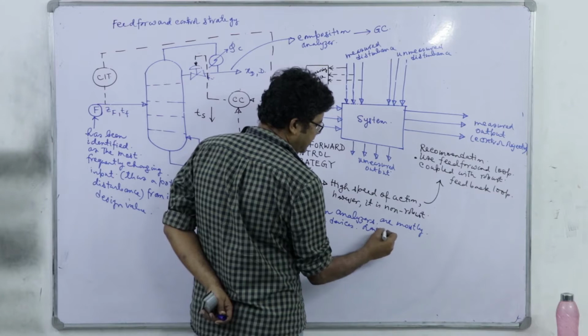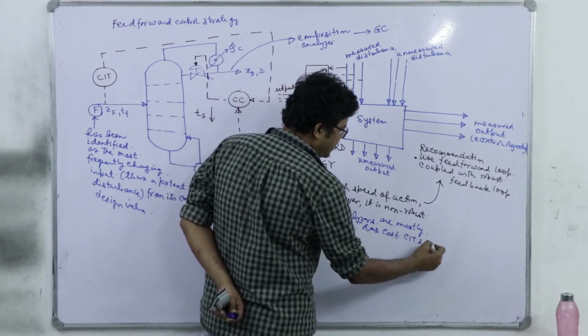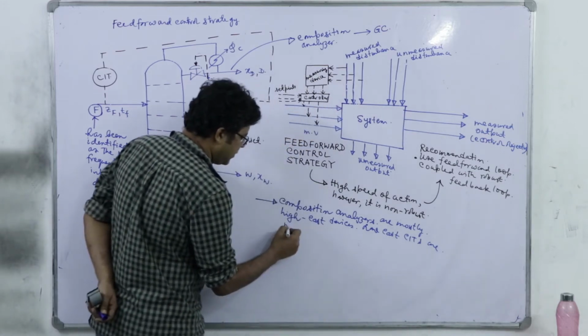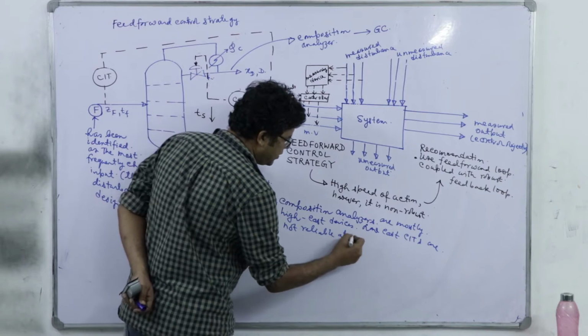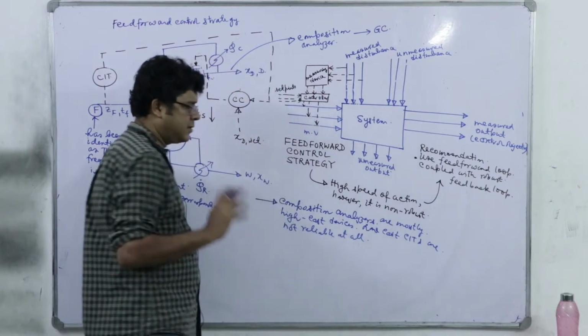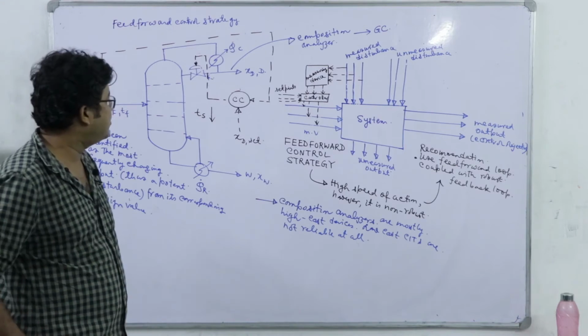Low cost CITs are not reliable at all, right. So that is a problem. So how do we mitigate that problem?